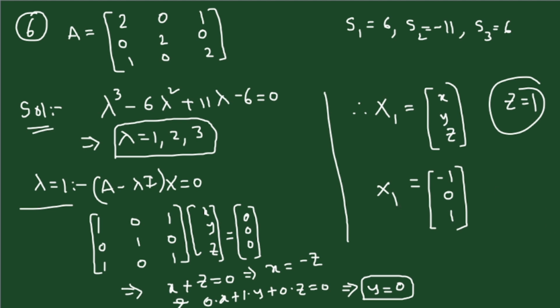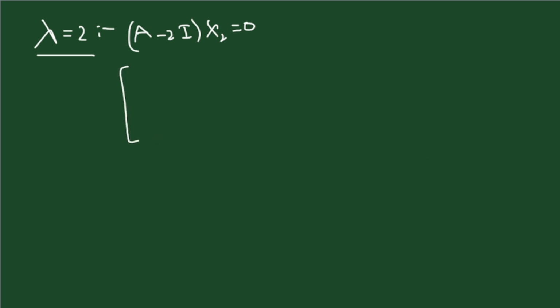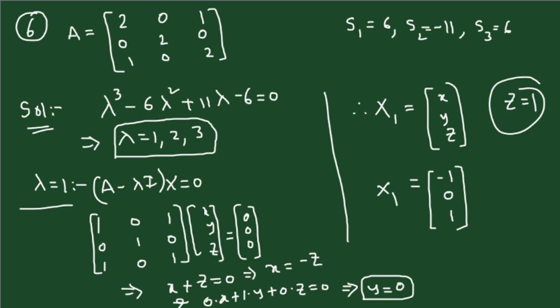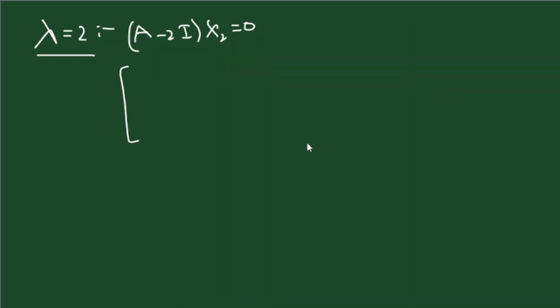Coming to the second eigenvector corresponding to lambda equal to 2, it is (A minus 2I) into x2 equal to 0. You subtract 2 from the diagonal, it is all zeros, because all diagonal elements are 2's, you will get 0 in the diagonal.